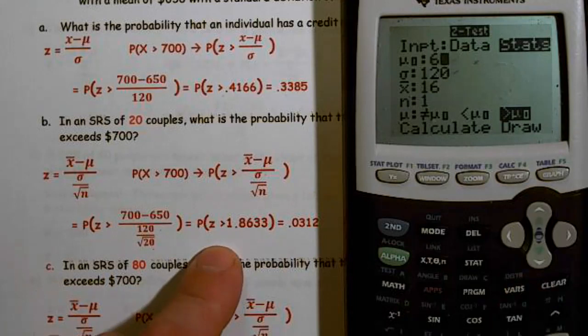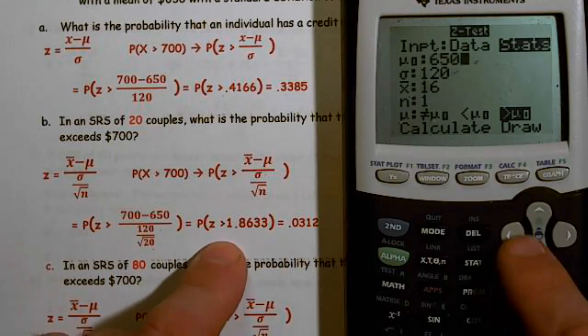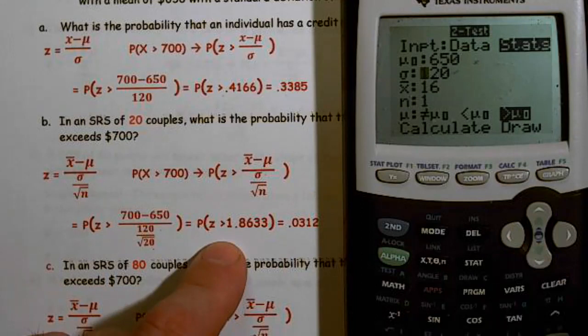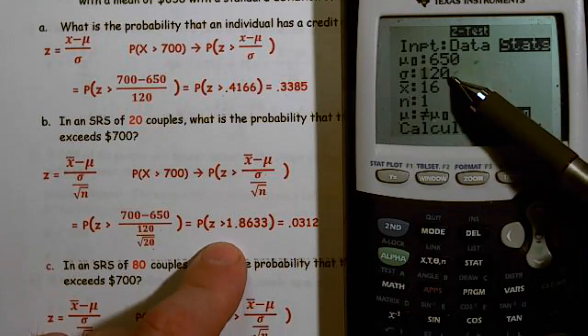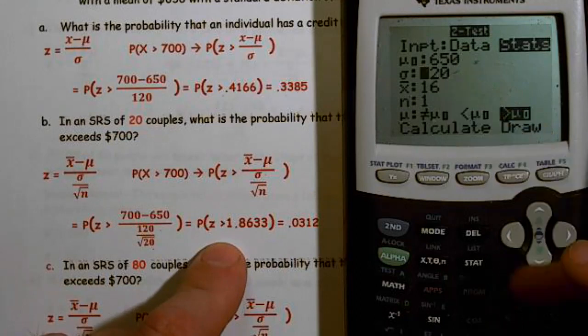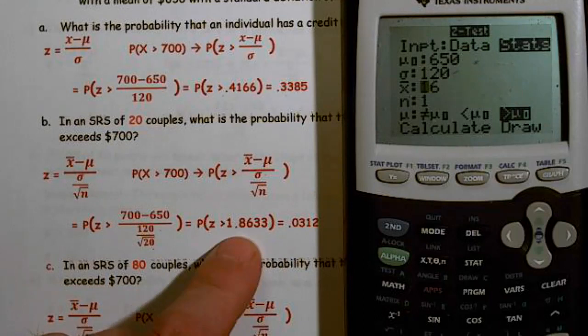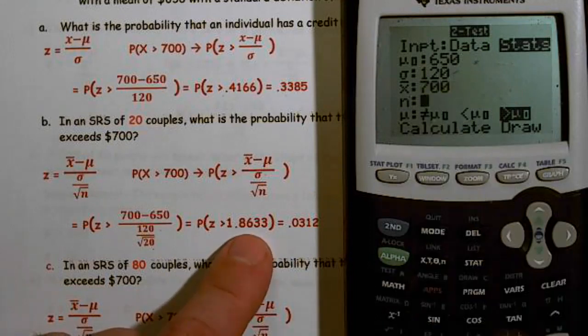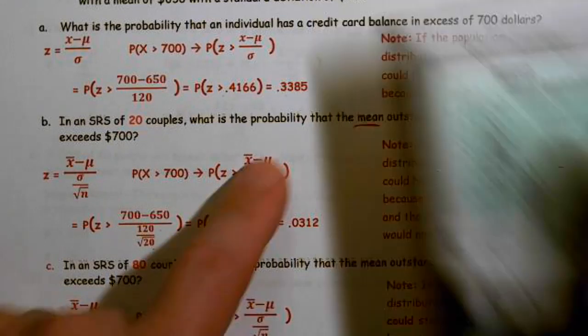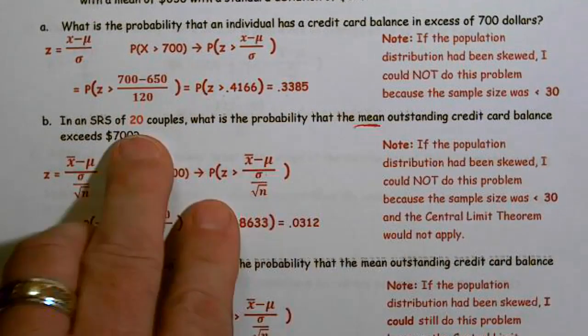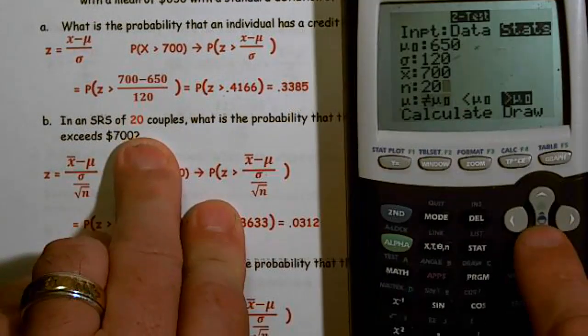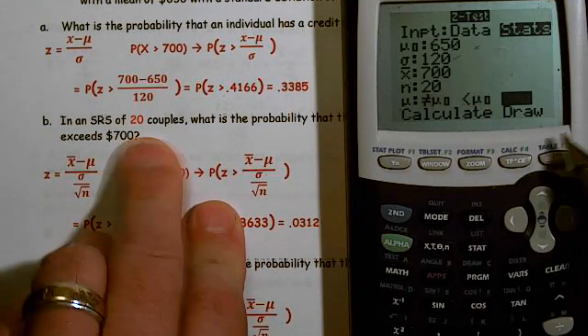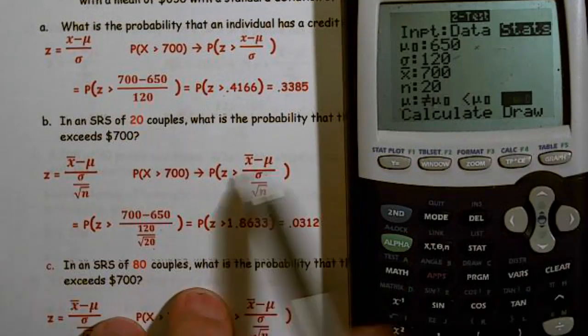My mean was 650. My standard deviation of the population was 120. My sample size was 20. And my x bar was 700. And we wanted to know the probability the mean exceeds 700, so greater than 700. So I make sure I have a greater than symbol. The symbols need to match.